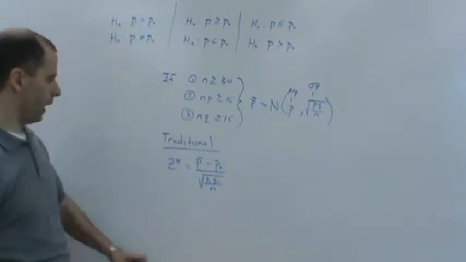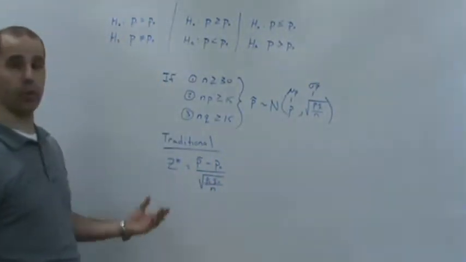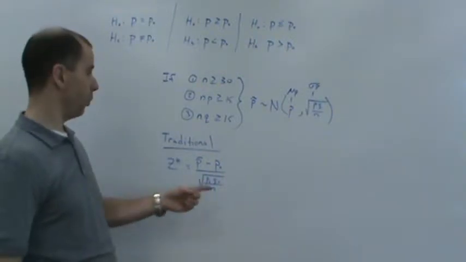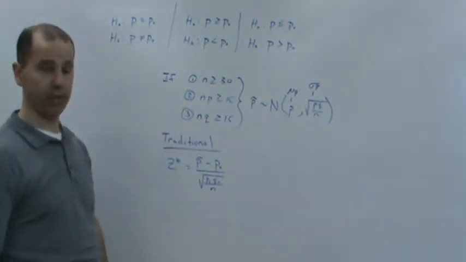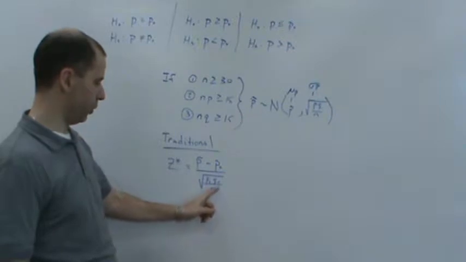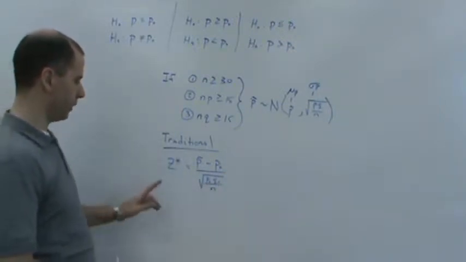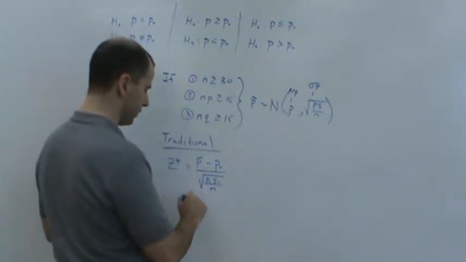And of course, why are we using p0? Because that's what we're assuming under the null to be true, whatever the given value is for p0. So we're going to substitute in what we're going to assume, okay? And then we're going to calculate our test statistic based on this formula.